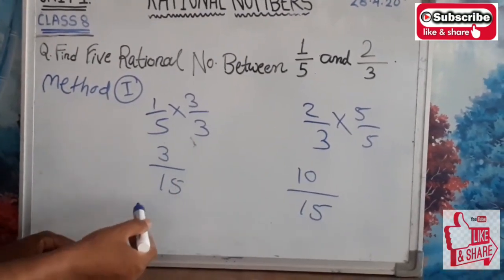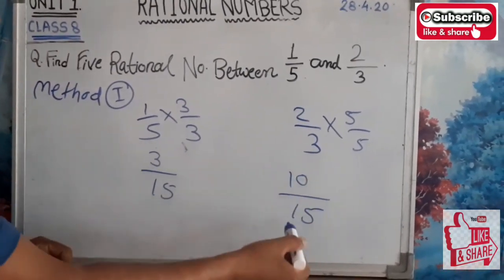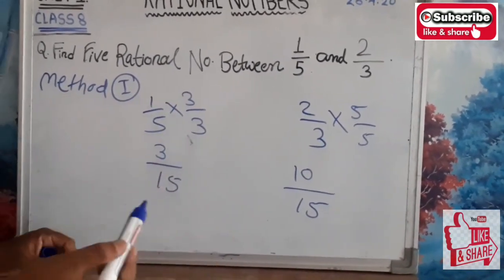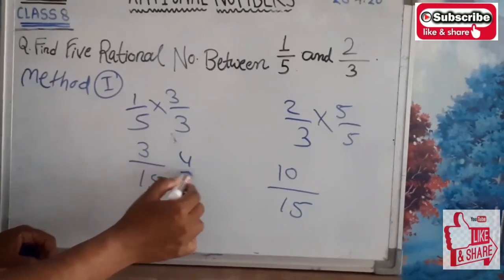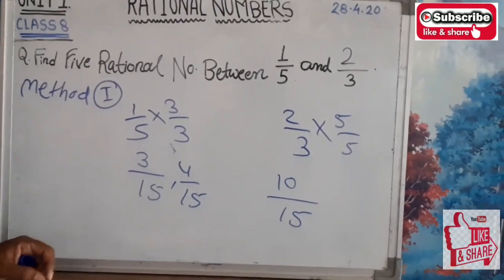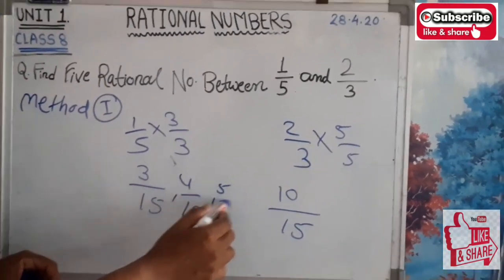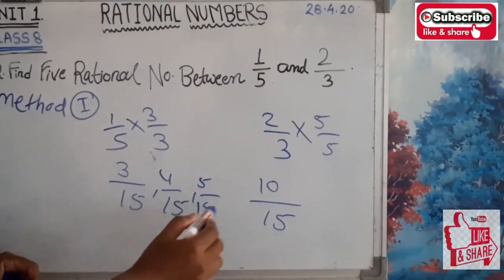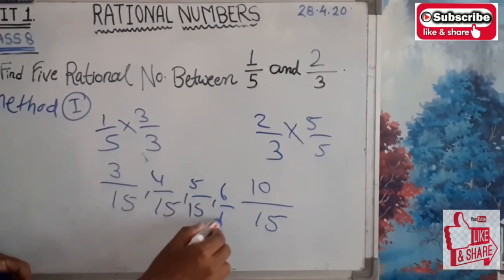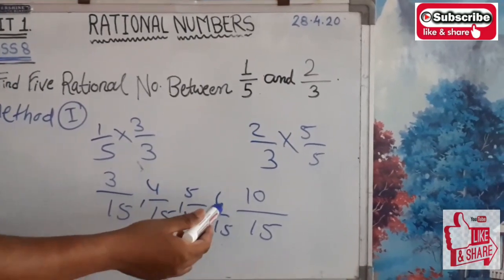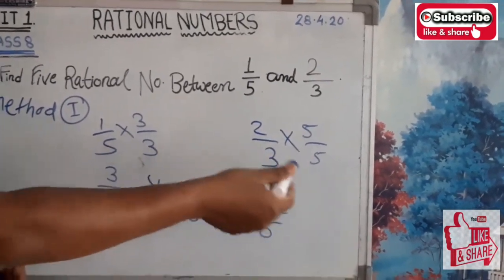So between 3 by 15 and 10 by 15, a lot of fractions are there. 4 by 15 is also there, 5 by 15, 6 by 15, 7 by 15, 8 by 15.